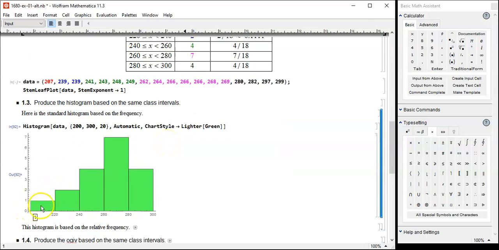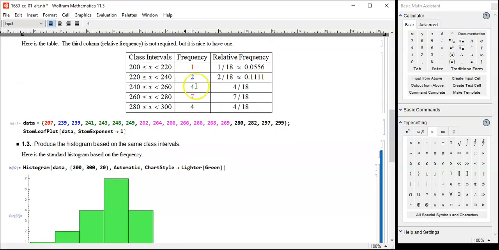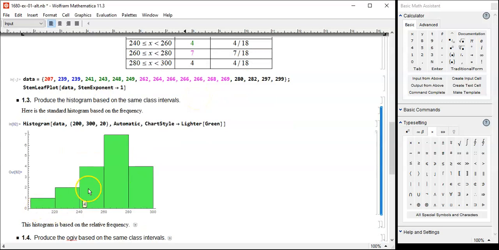So 200 to 220, 220 to 240, 240 to 260, 260 to 280, 280 to 300. We have each interval horizontally. Vertically, we have frequencies. The first box goes up to 1, second box goes up to 2, third box goes up to 4, and then the fourth rectangle goes up to 7, as you can see. Those are heights.